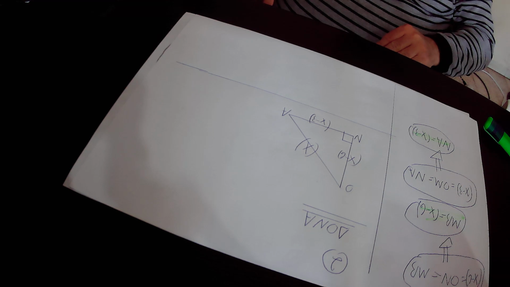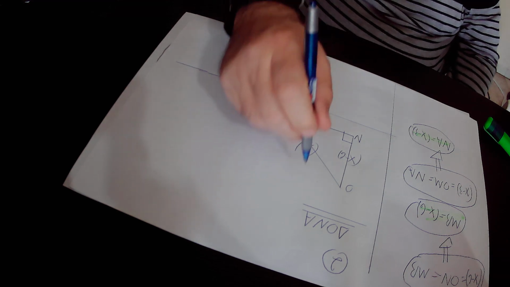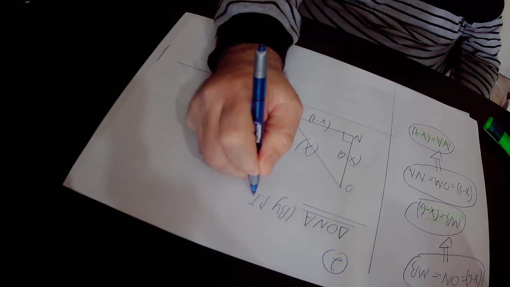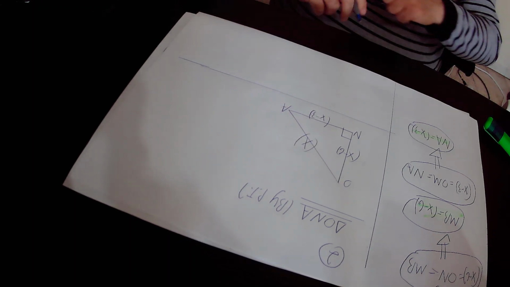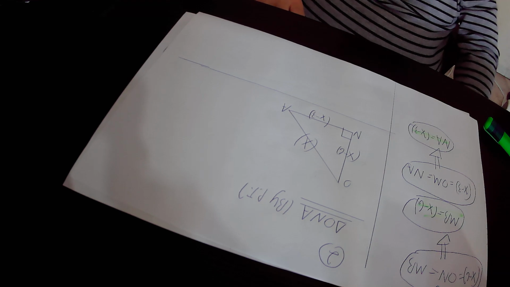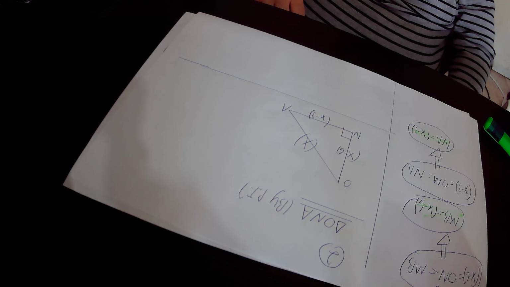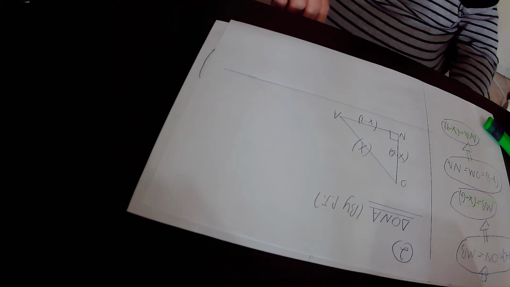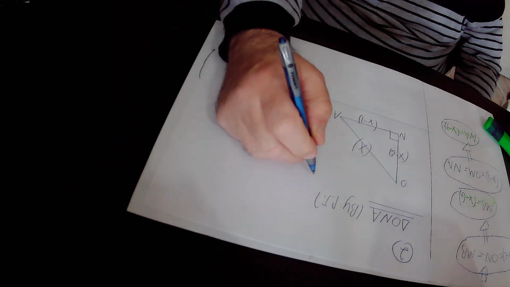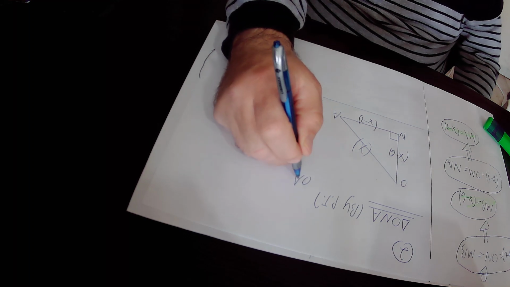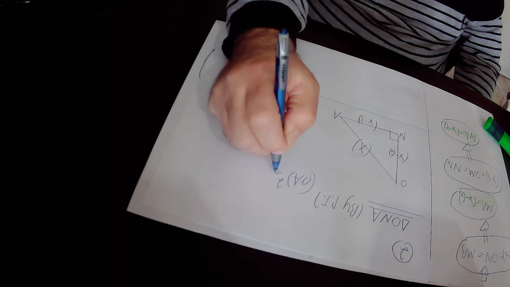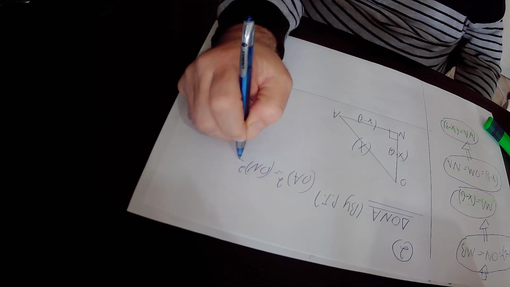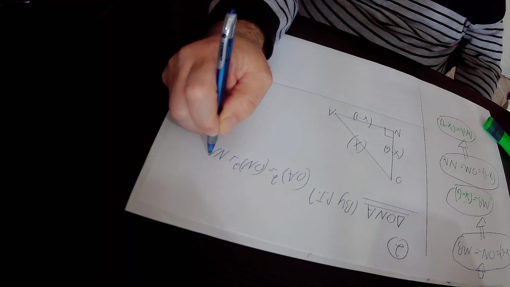So here PT is the proposition for Pythagoras theorem. According to the Pythagoras theorem, in any right angle, the square of the hypotenuse equals the sum of the squares of the perpendiculars. In the right angle ONA, the hypotenuse is OA, therefore the square of the hypotenuse is OA squared, and it must be equal to ON squared plus NA squared.